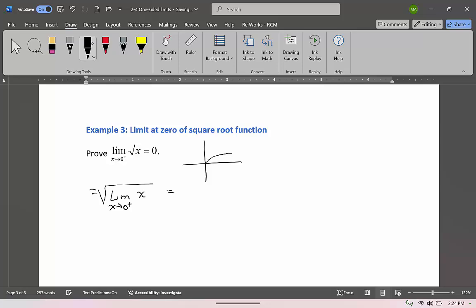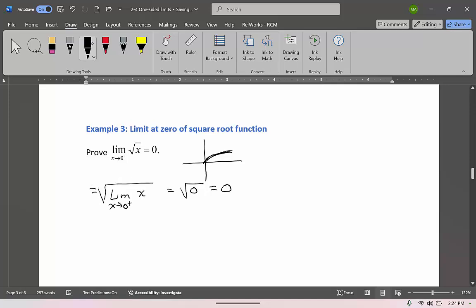The limit as x approaches 0 of the identity function is going to be 0. And so therefore we're looking at the square root of 0, which is equal to 0. So basically we can prove using our properties of limits that this limit is actually 0 without actually having to look at the graph. Because eventually we want to be able to take these limits without using graphs.